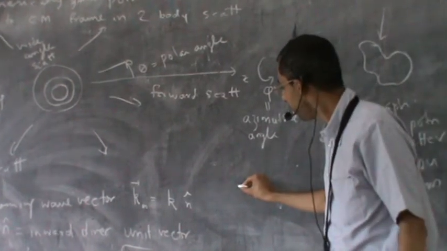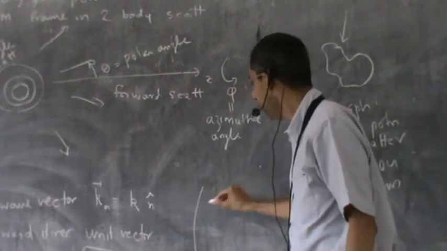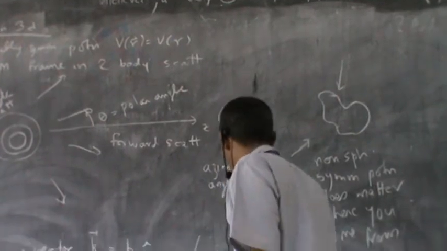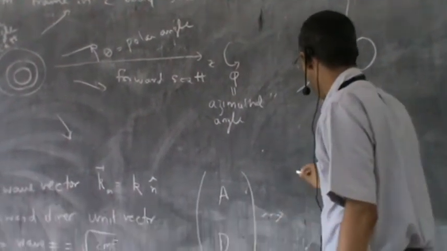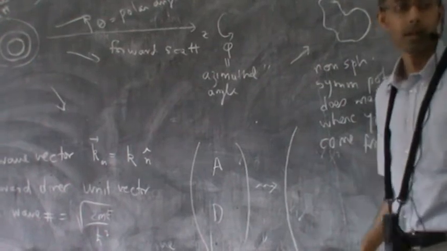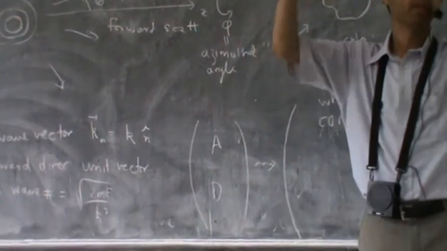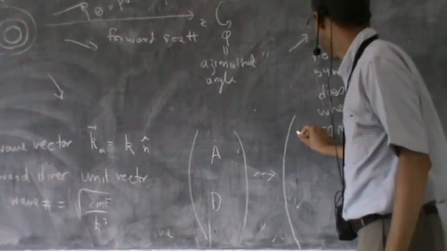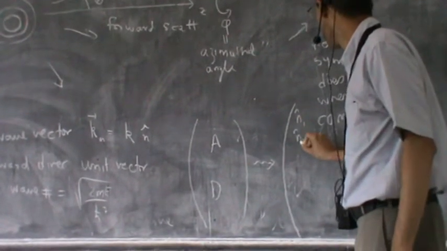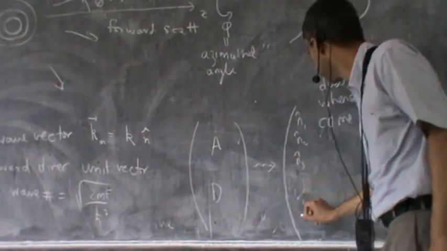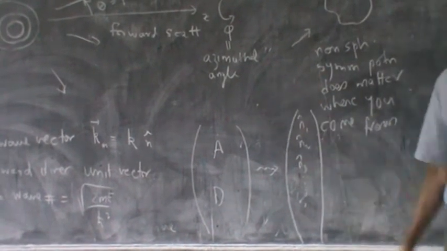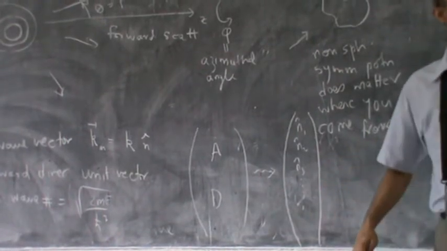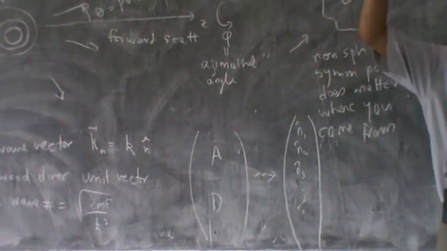So the incoming amplitudes, previously they were simply A and B. But now we need infinitely many of them labeled by different incoming directions. So you will have some n1 hat, n2 hat, n3 hat, etc. These are all the possible incoming wave directions. Each of these is an incoming vector.